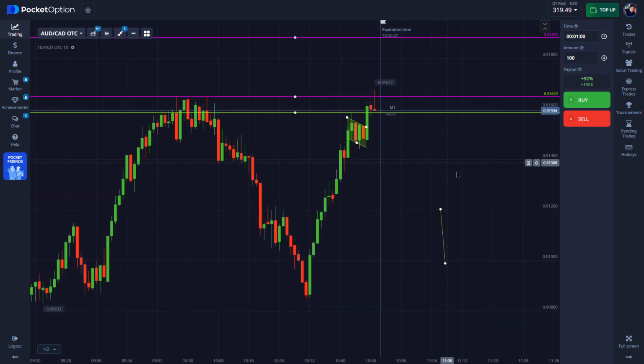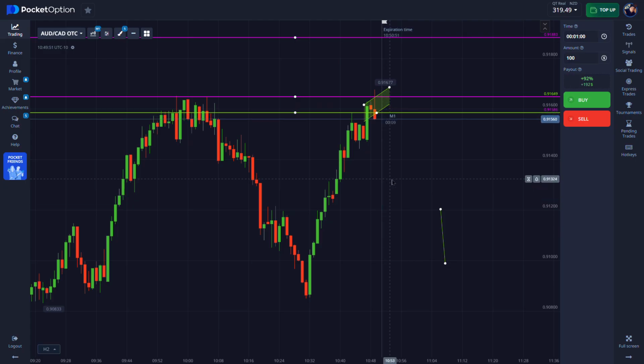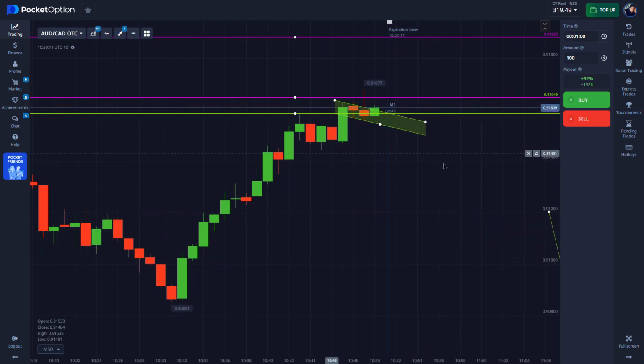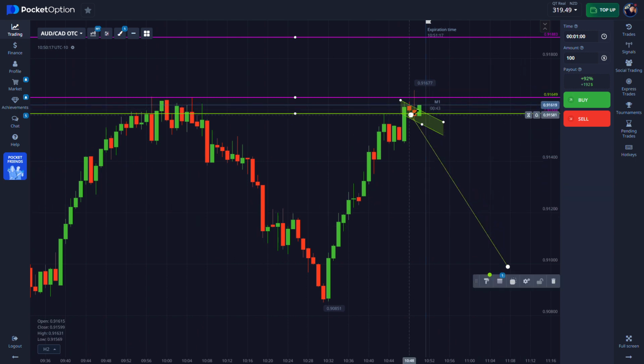It's right off their supply area too. Inverted hammer to the upside. There's a wick filler. Fill in the wick.